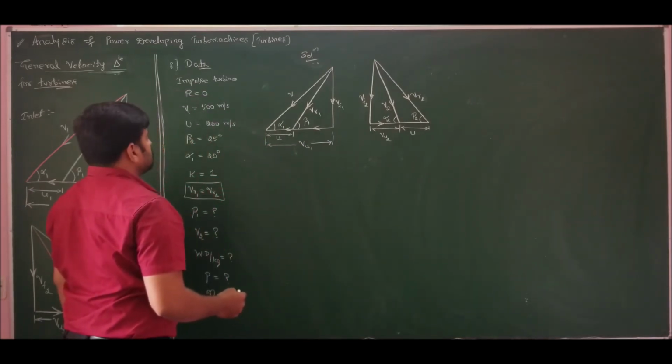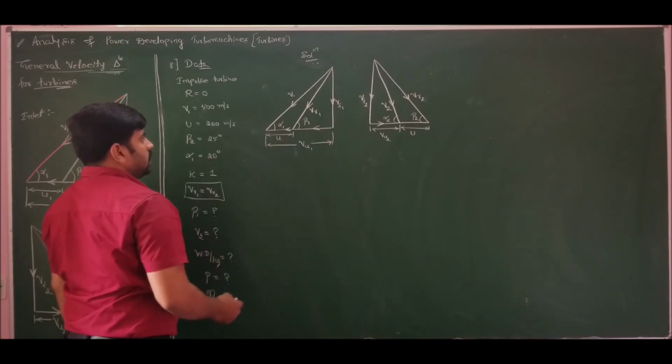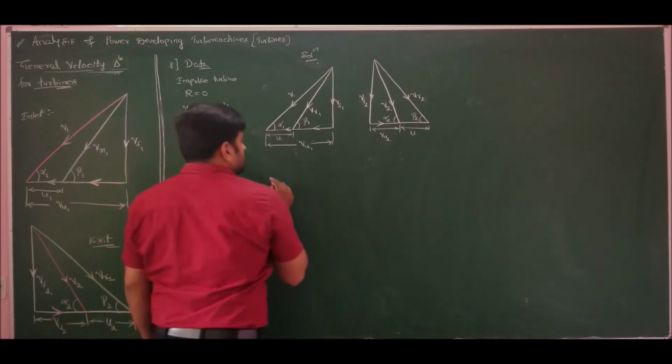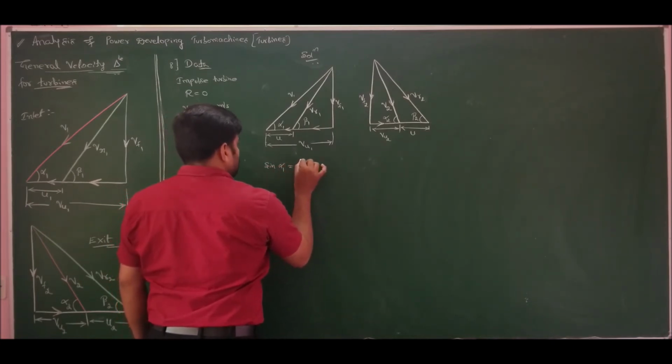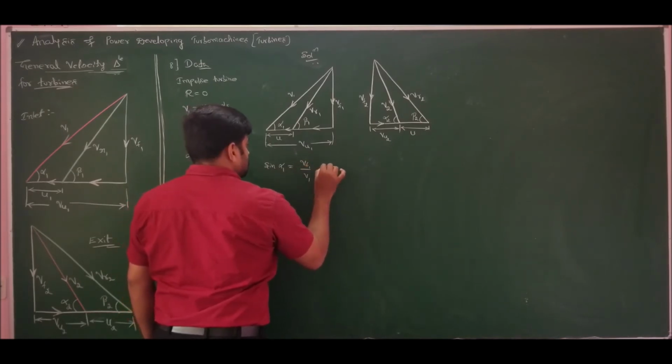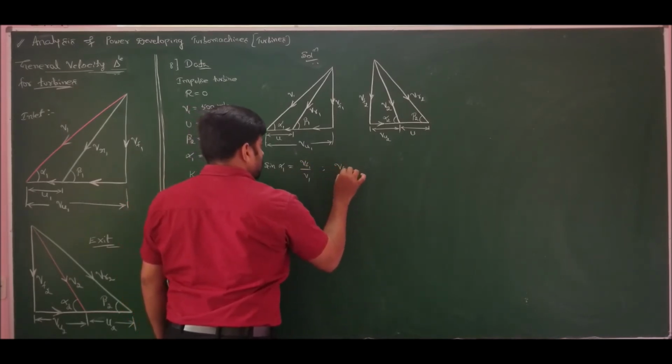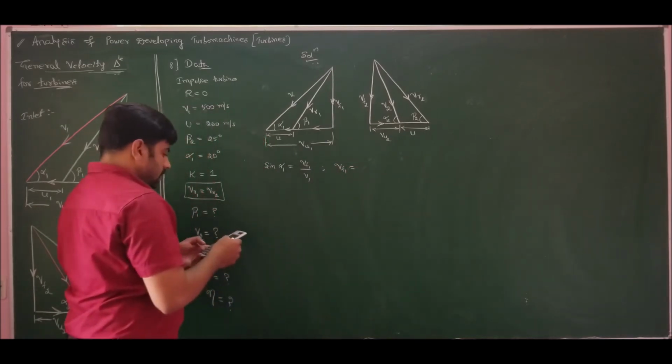Now let us solve this problem. We know alpha 1 and V1, so we can find VU1 and VF1 directly. Sin alpha 1 is VF1 by V1. Therefore VF1 will be V1 sin alpha 1.